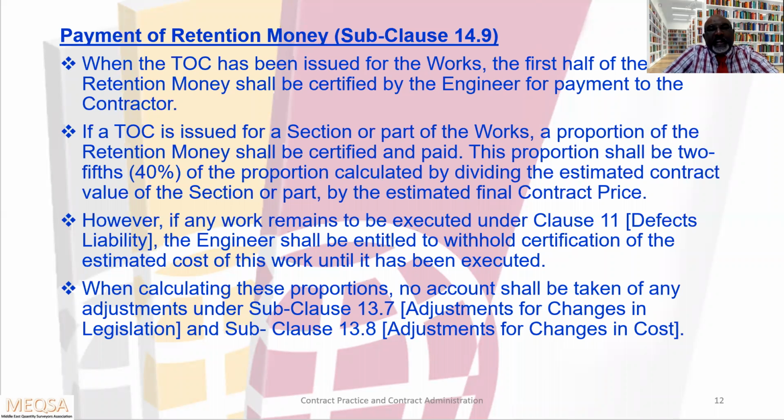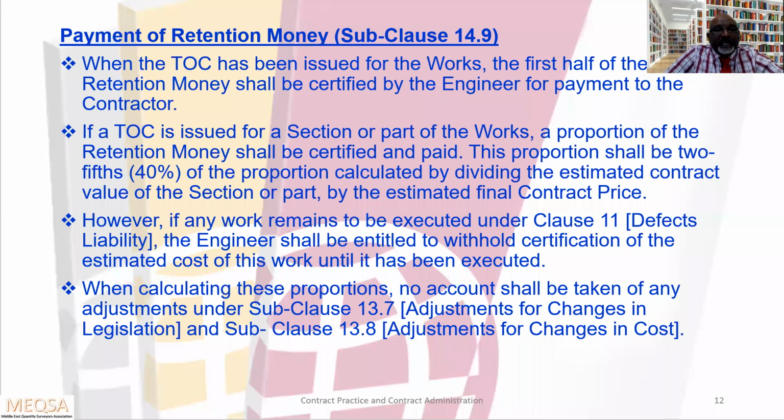If the TOC is issued for a section or part of the work, a proportion of the retention money shall be certified and paid. This proportion shall be 40% of the proportion calculated by dividing the estimated contract value of the section or part by the estimated final contract price.